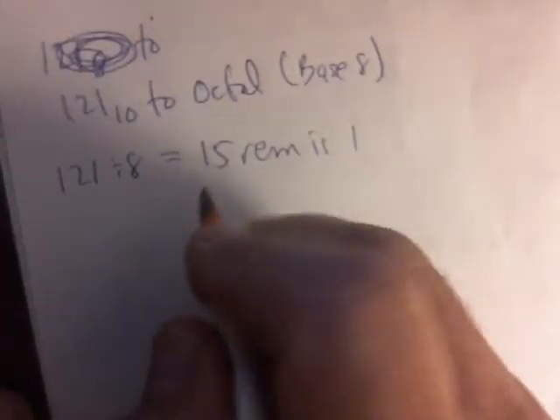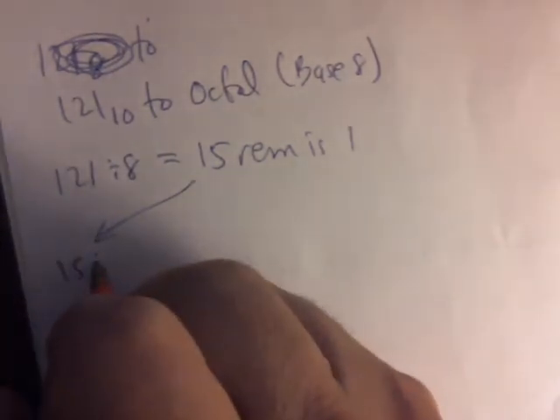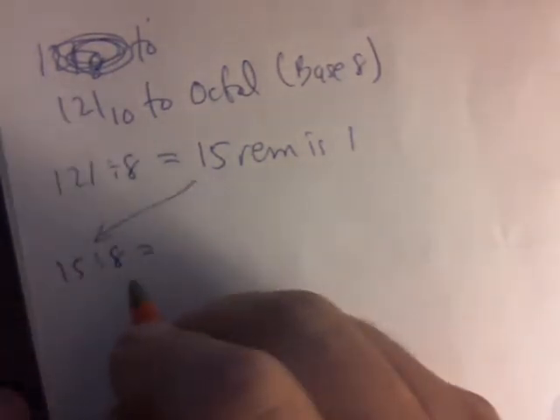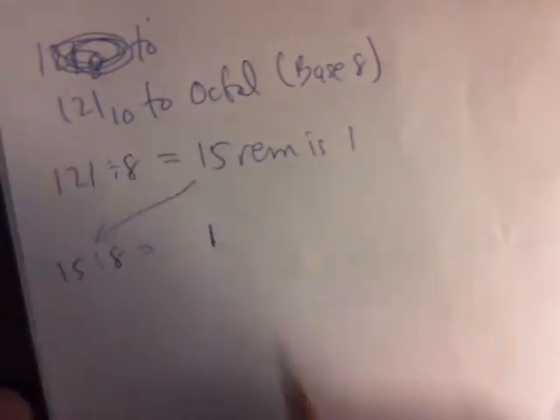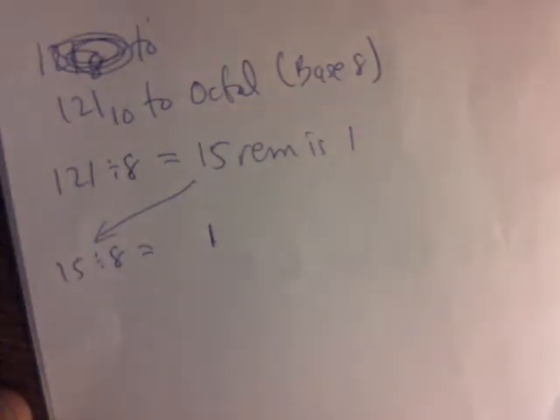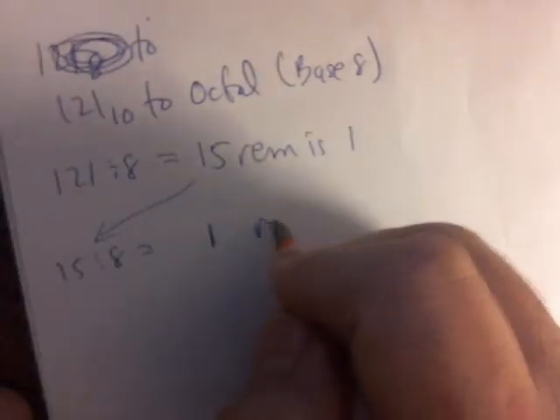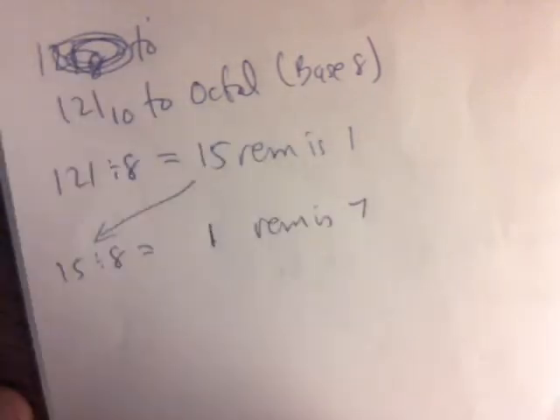Okay, so then I take 15 divided by 8, and 8 goes into 15 one time, and my remainder is 7.